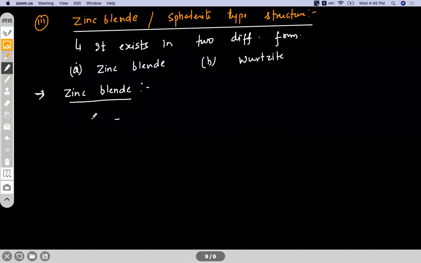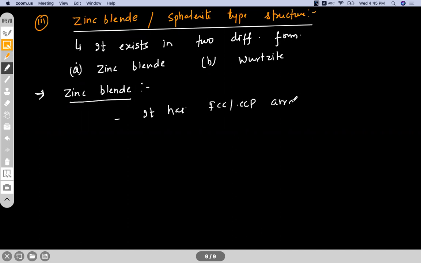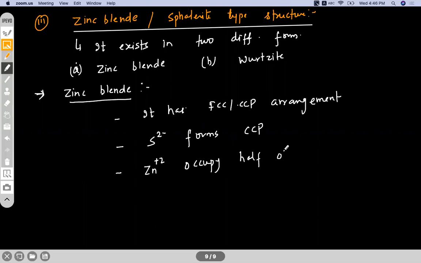It has FCC or CCP arrangement. The sulfide ion S2- forms CCP arrangement, means corner and the face center, and Zn2+ occupy half of the tetrahedral voids.